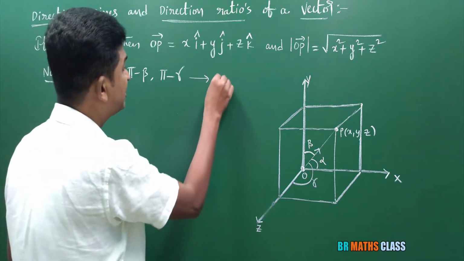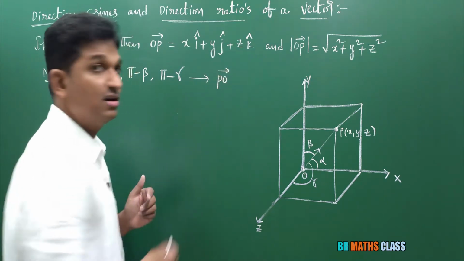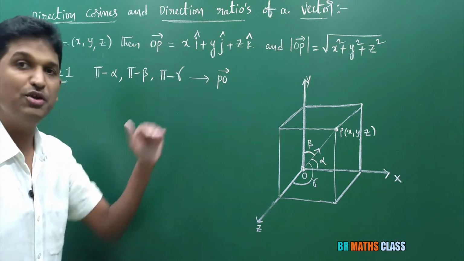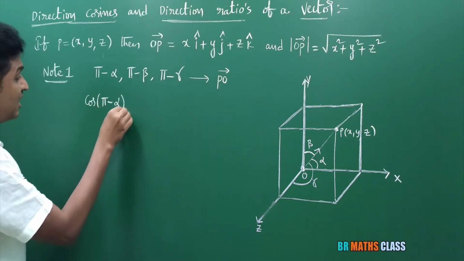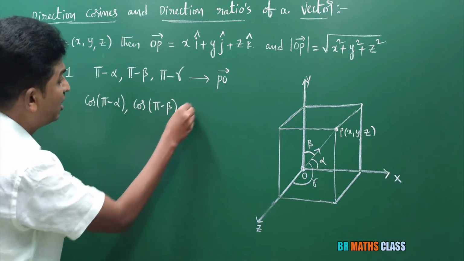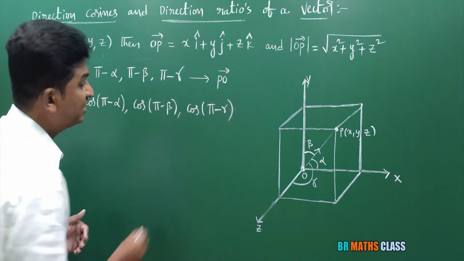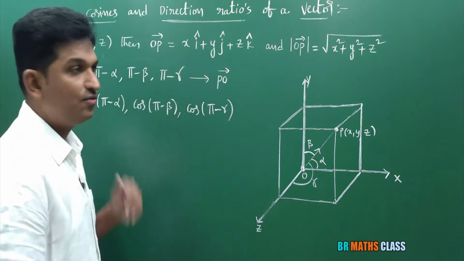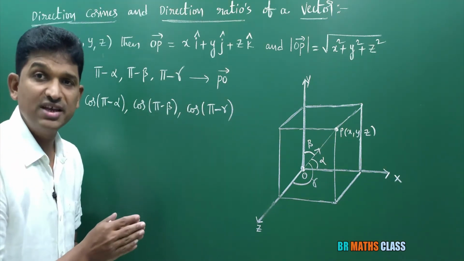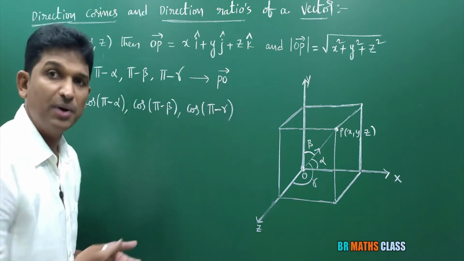These are the angles made by the vector PO bar, not OP bar. So, what are the direction cosines of PO bar? Cos(pi minus alpha), cos(pi minus beta), cos(pi minus gamma) are the direction cosines of the vector PO bar.